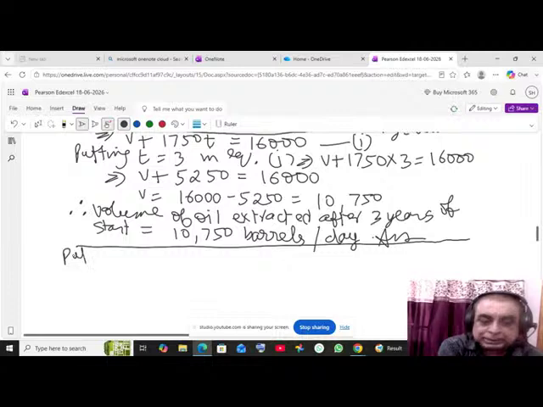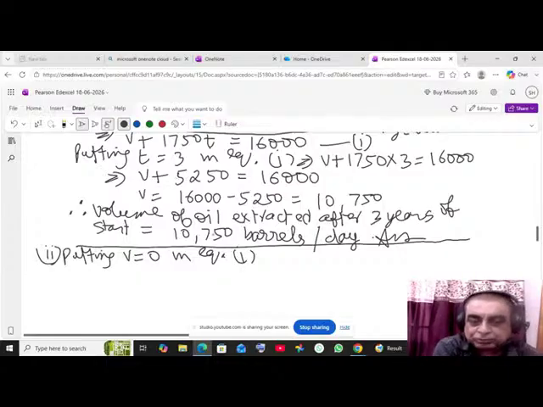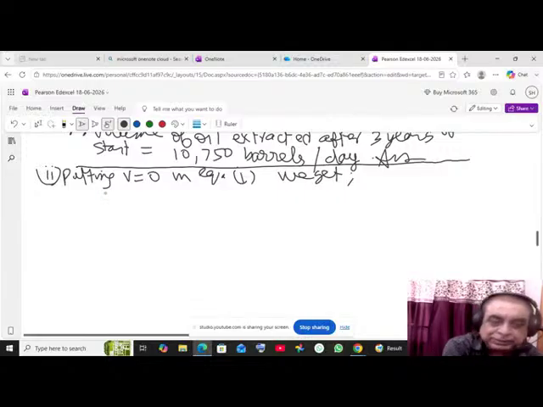Putting V equals to zero. Now I am doing the second part of A, limitation. We are discussing a limitation. Putting V value zero in equation number one. In the place of V you write zero.